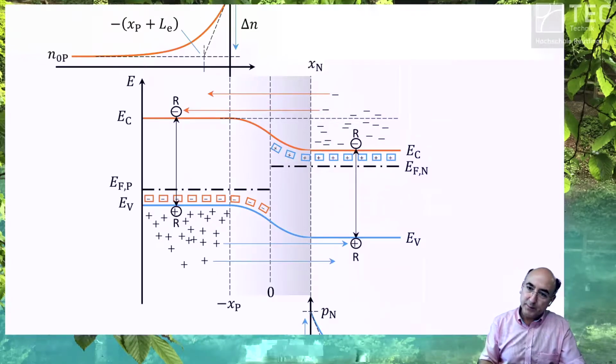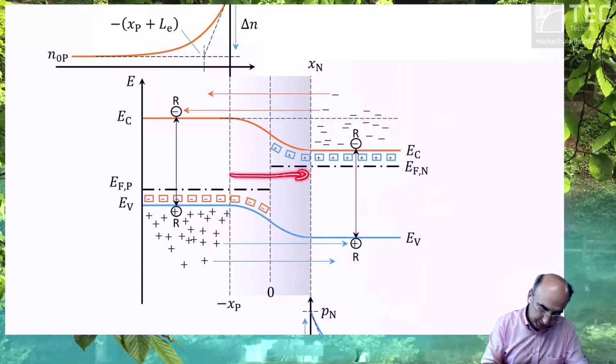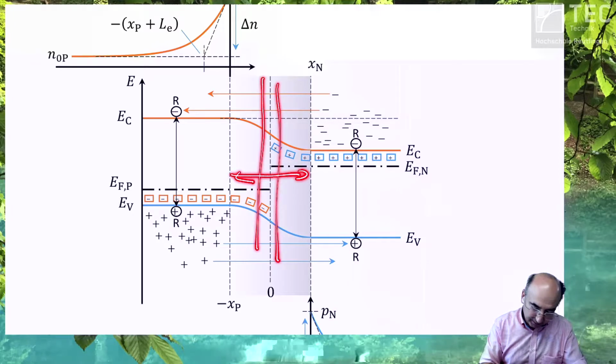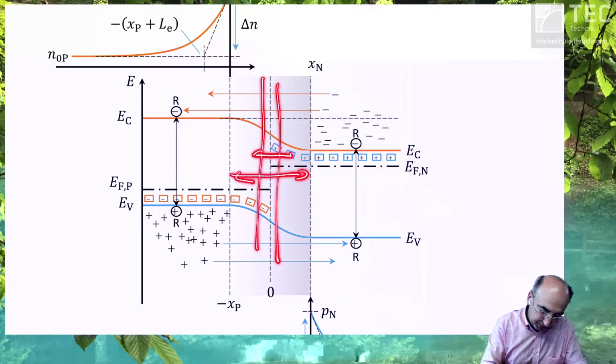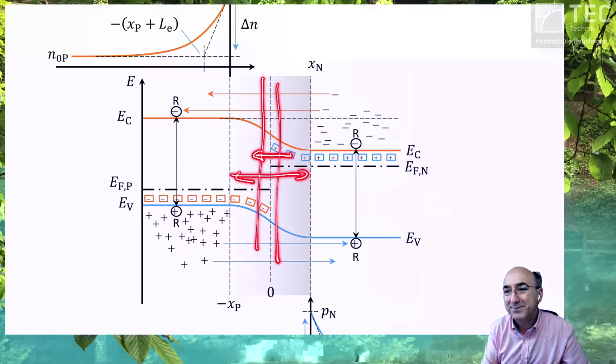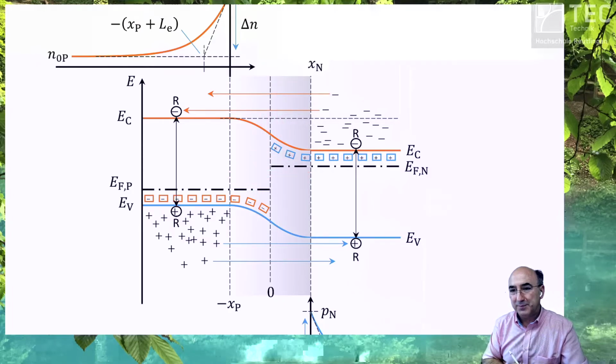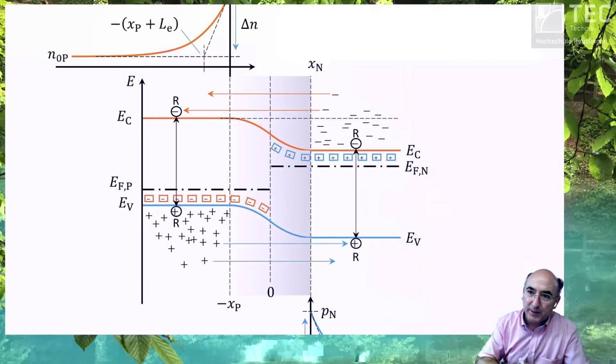The second mechanism is if this width is small enough, then the electrons can tunnel straight through the wall. And that's very interesting. That's a tunneling current.